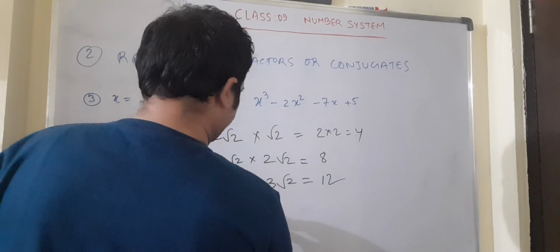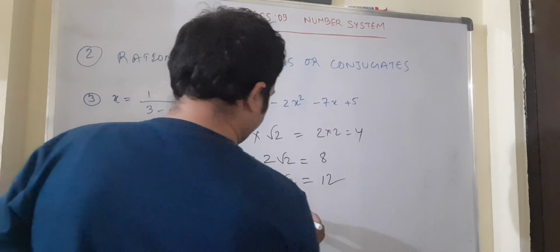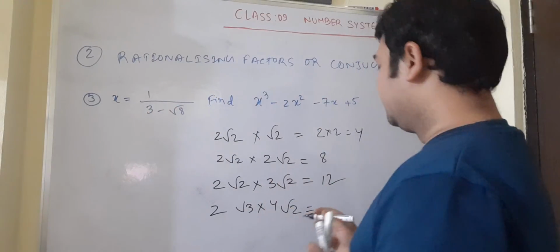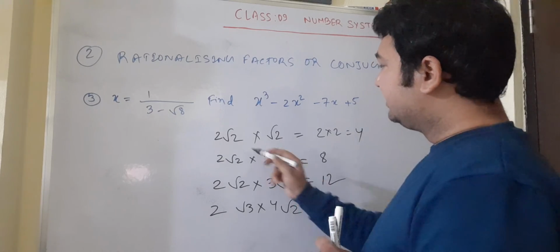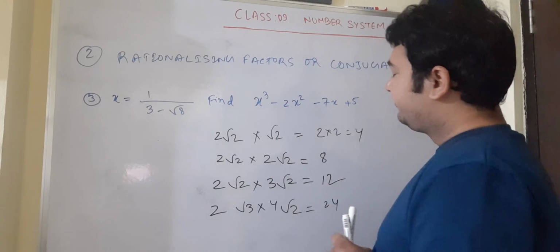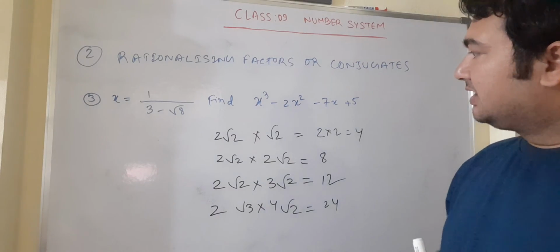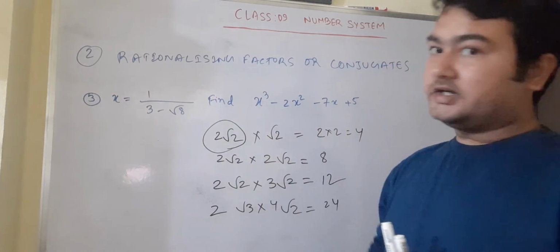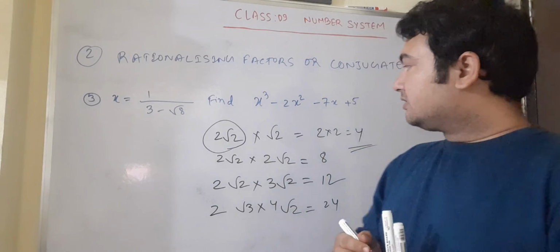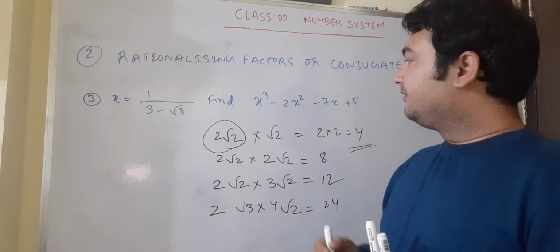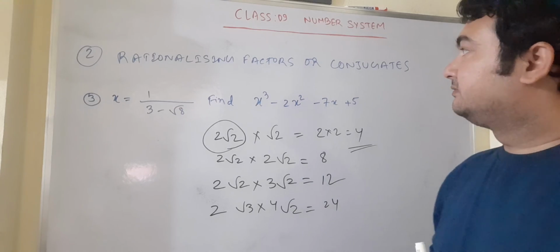2 root 2 multiplied by 4 root 2: you will get 2 times 4 is 8, 8 times 3 is 24. So you can see there are a lot of numbers. There are infinite numbers that can multiply with this 2 root 2 and get it converted into a rational number, or rationalize it, you can say. So this 2 root 2 has an infinite number of rationalizing factors.